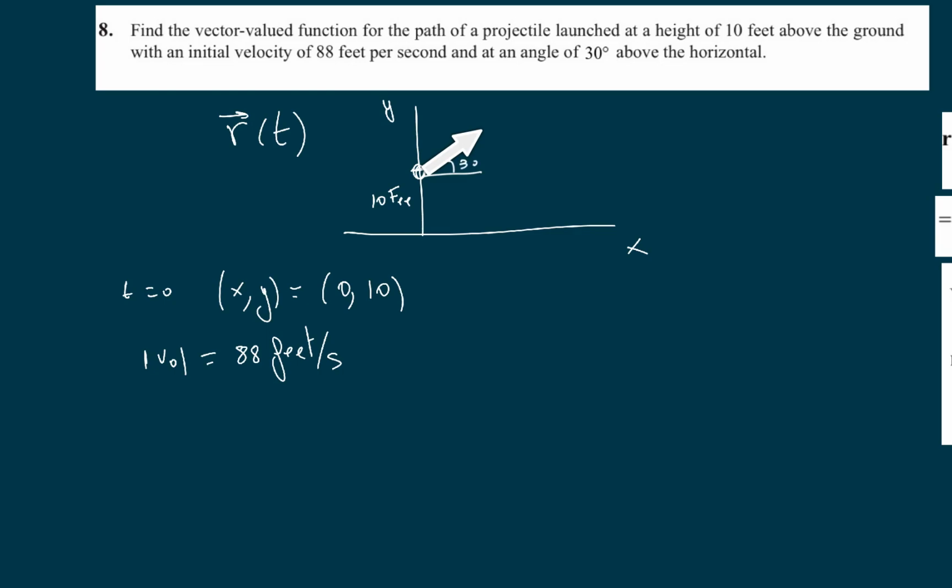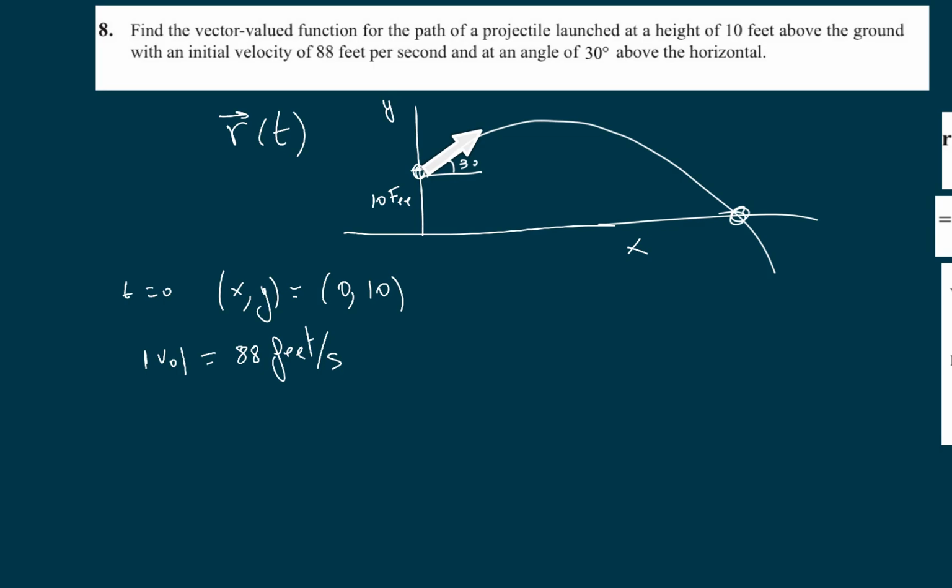It's a projectile, and you know that the projectile will follow a parabola and will fall to the floor at a certain point P. You launch it with a velocity of magnitude 88 feet per second at 30 degrees above the horizontal.